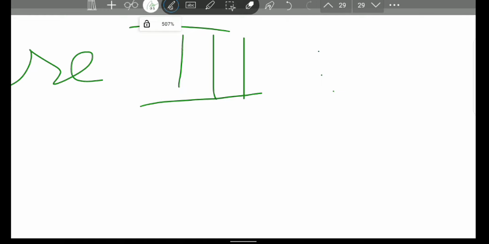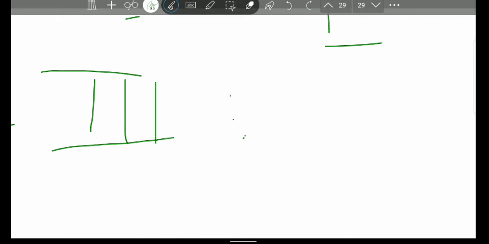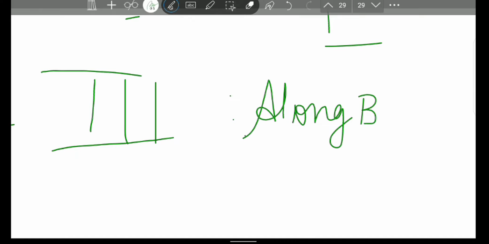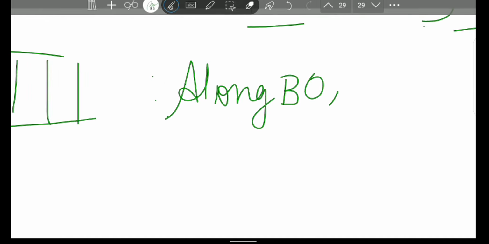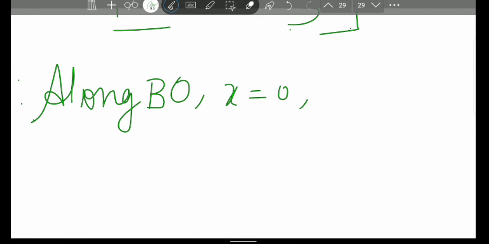Case 3, we need to return from B back to O along BO. Along BO we have x equal to 0, y changing from y equal to 1 to y equal to 0.